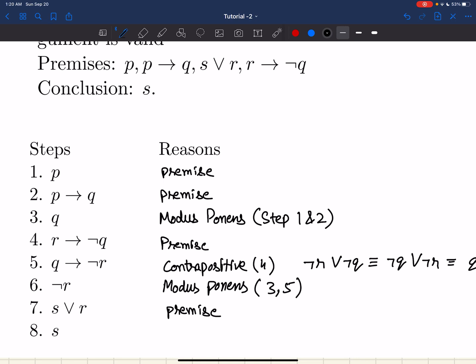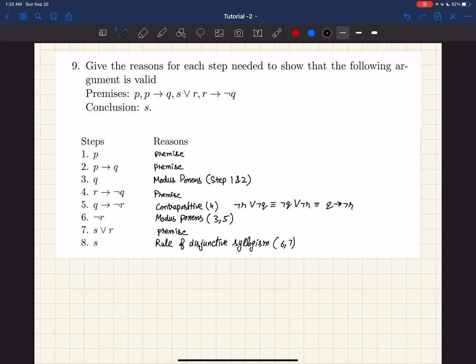In step 7, we have S or R is true, so either can be true, but we know that R is false. Therefore, S has to be true. So this comes from the rule of disjunctive syllogism. And that's it. They are all the reasons.